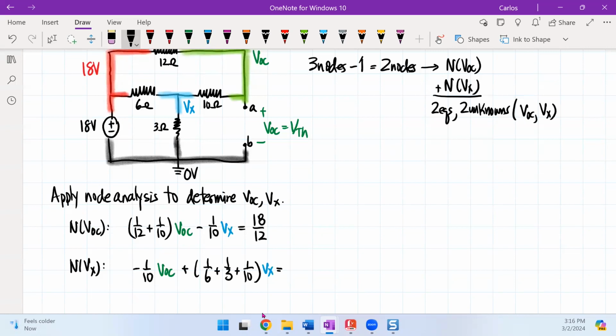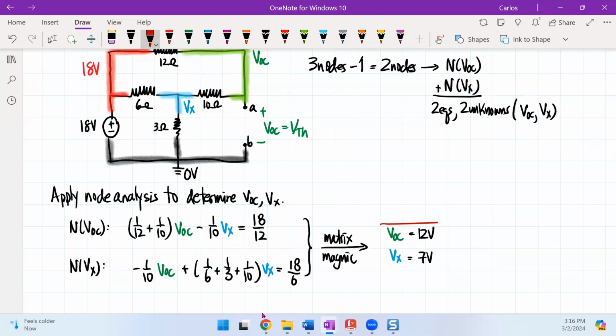And then I still have to deal with the 18 volt source. There's a minus. I bring it over, it's going to be positive 18, and I'm going to divide that by 6. So now I have 2 equations and 2 unknowns. And so then again, from matrix magic, I get that VOC and VX now have values of 12 volts and 7 volts.